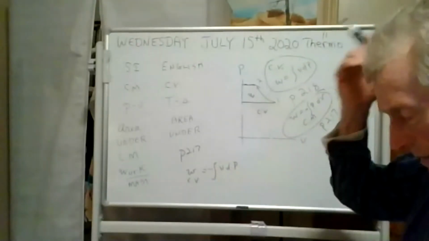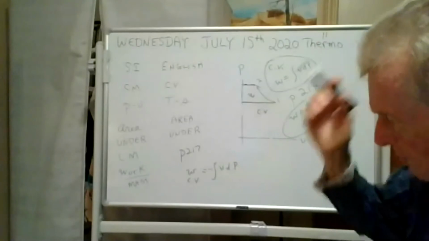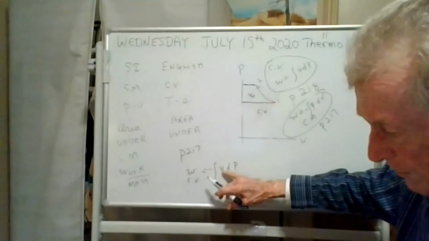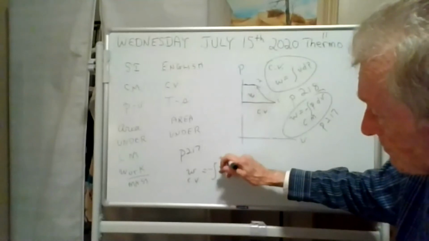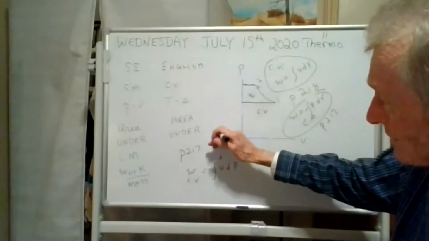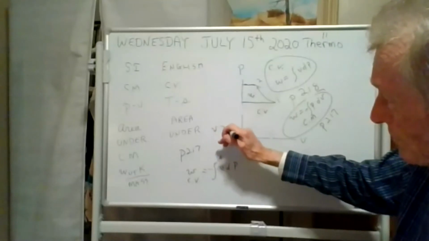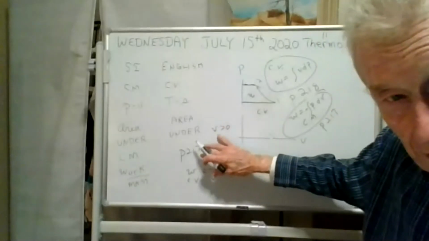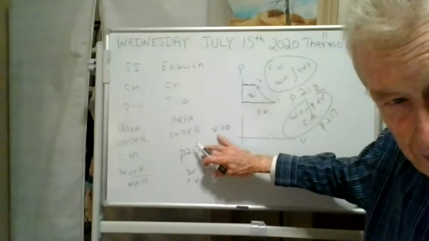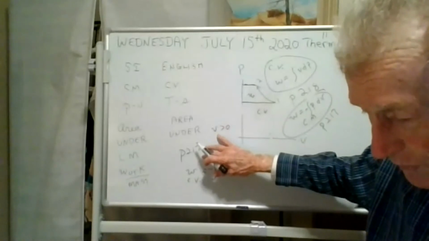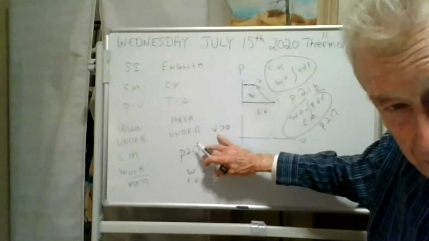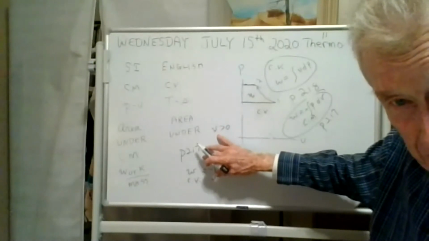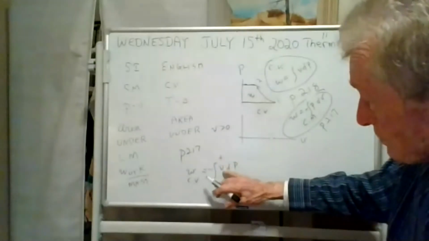Now, let me show you why that is. Specific volume is always positive. You can't have a negative specific volume. Have you ever heard of anybody that has a negative volume? I don't think so. We all occupy a positive volume, and so our specific volume is always positive.